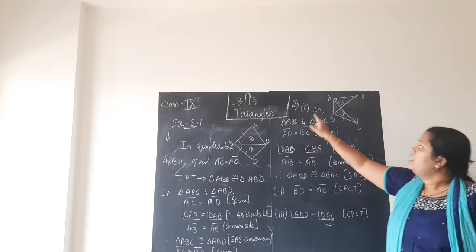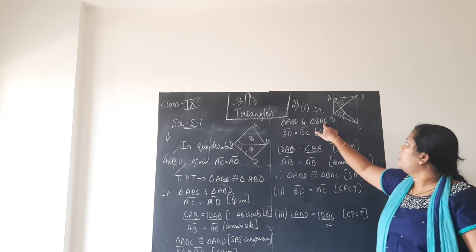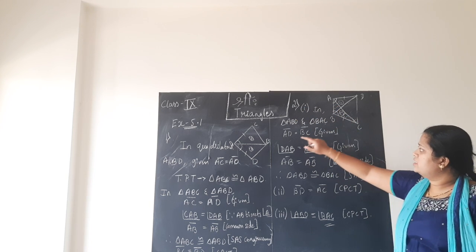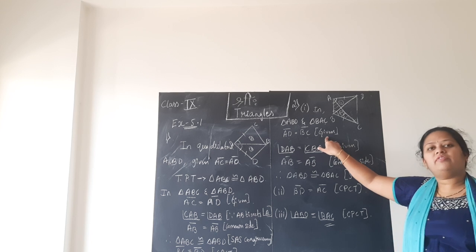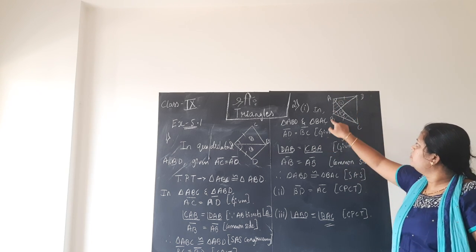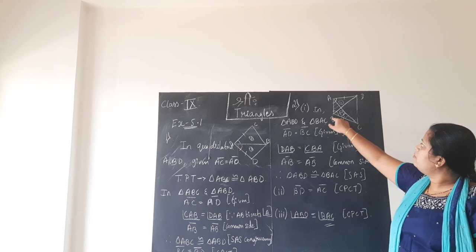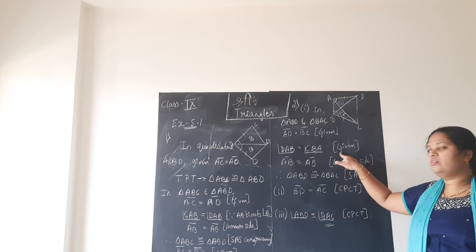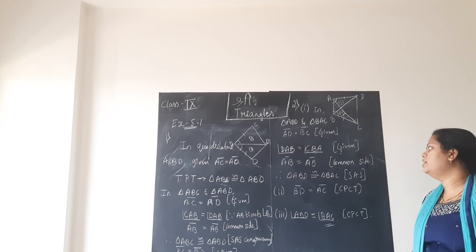So, in case 1, in triangle ABD and triangle BAC, side AD is equal to BC. Why? It is given data. Similarly, angle DAB is equal to angle CBA. These two angles are equal. Why? Because again it is given data.